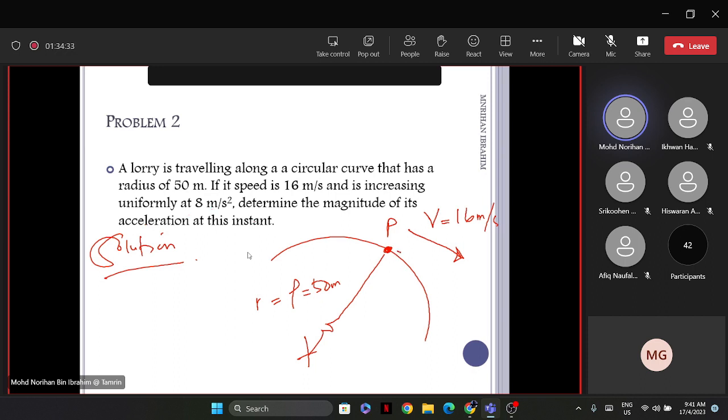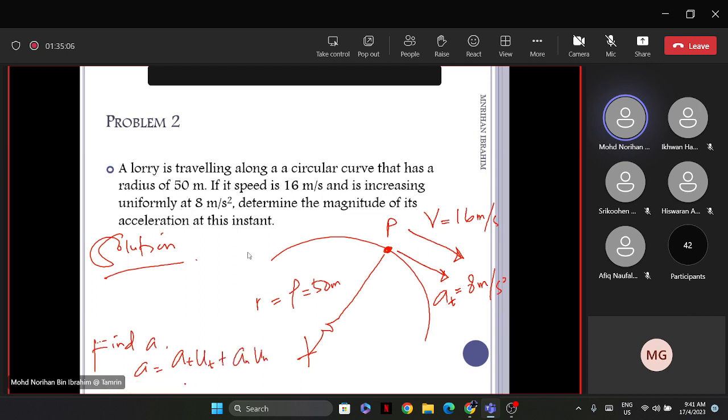So that means at the same time, it has the tangent component of acceleration, which is equal to 8 meters per second squared. Determine the magnitude of its acceleration. Find A. So A is equal to AT UT plus AN UN.